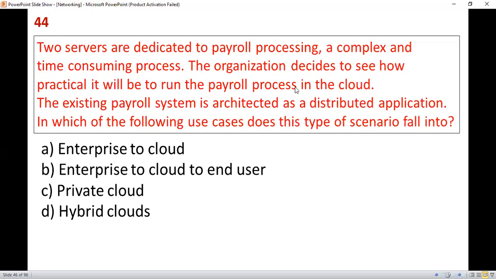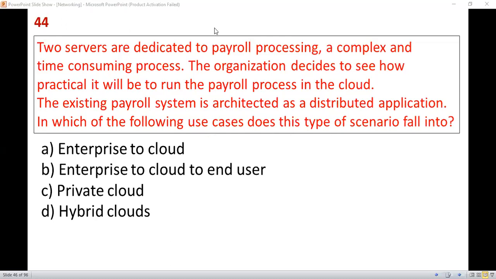In which of the following use cases does this type of scenario not fall? The options are enterprise to cloud to end user, private cloud, and hybrid cloud.